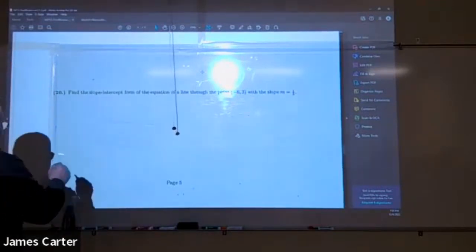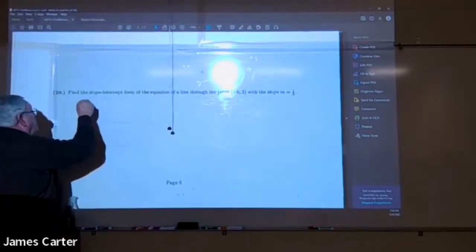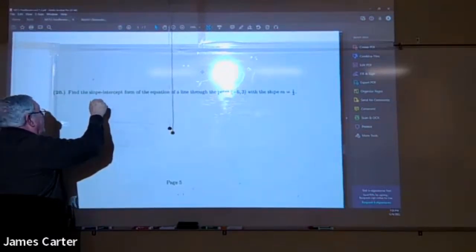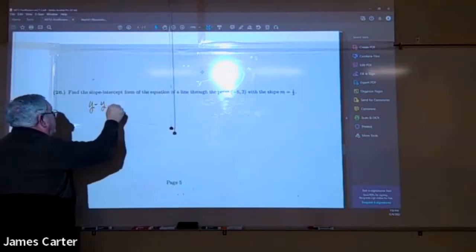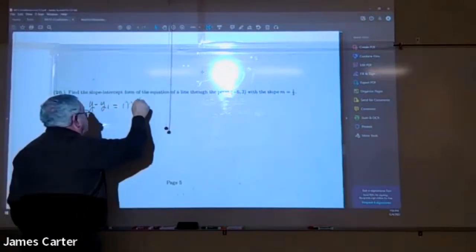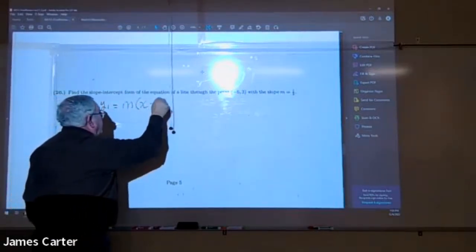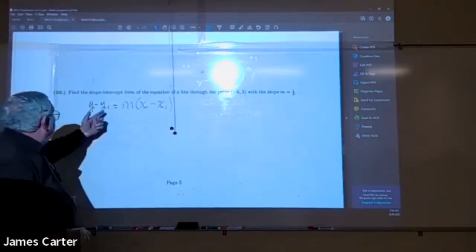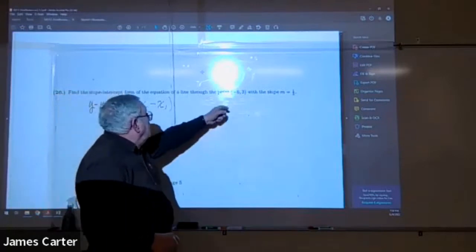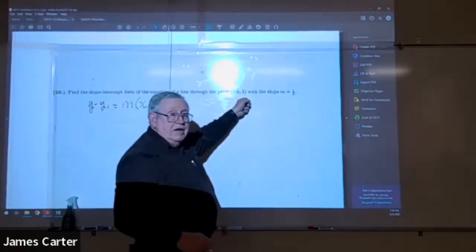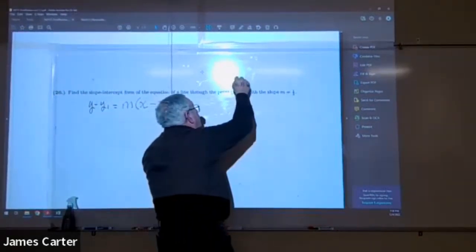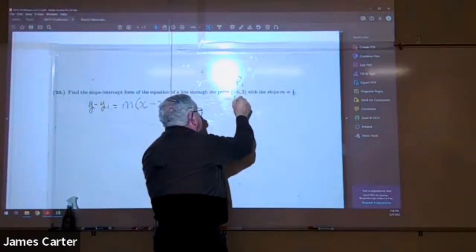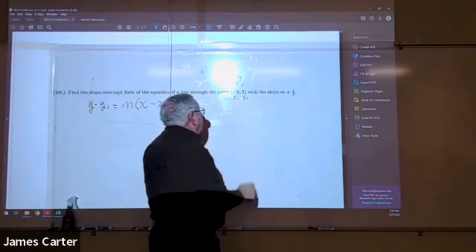What is the point-slope formula? y minus y1 equals m times (x minus x1). What are the sub 1's? That point right there is point 1. So this is x sub 1, that's y sub 1.